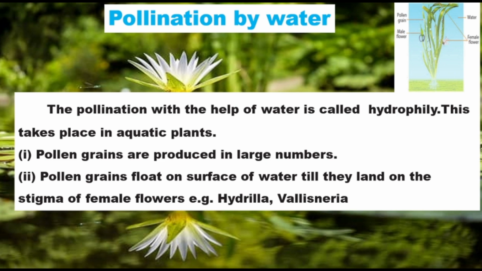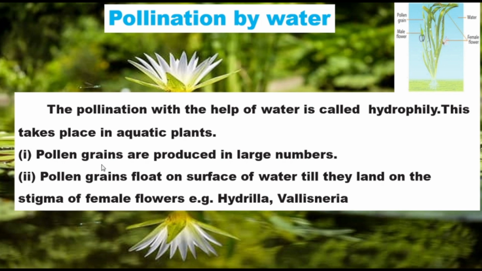We know that aquatic plants are the plants which live in the water, so the water is the agent that carries the pollen grains. Such plants we call hydrophilous plants, and the pollination is called hydrophily.